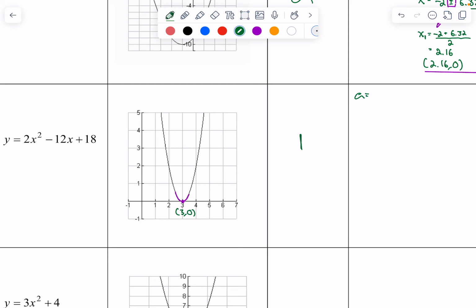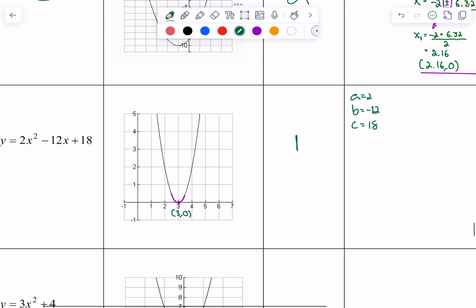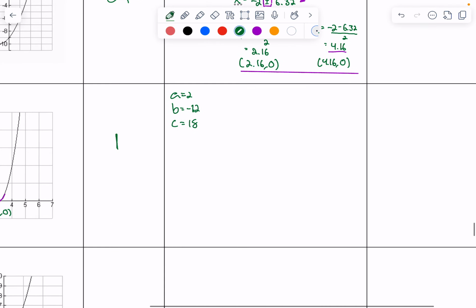So a is 2, b is minus 12, and c is 18, just taking from the formula that we see on the left-hand side there. So we have our x-intercepts are going to be minus negative 12, careful with the negatives, plus or minus the square root of 12 squared, minus 4, a is 2, c is 18, all over 2 times 2.